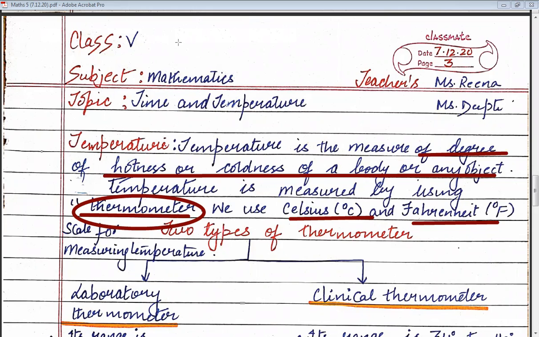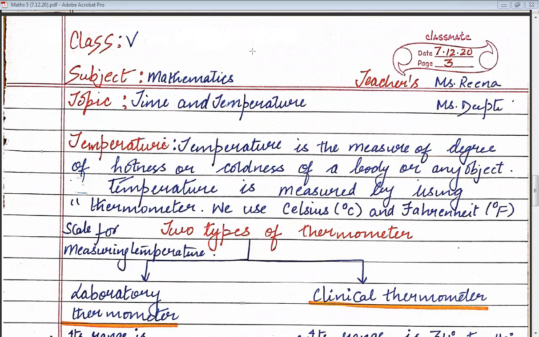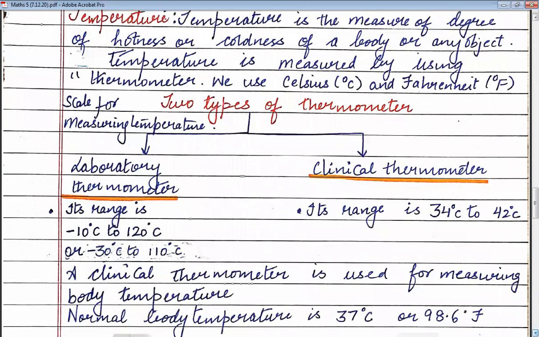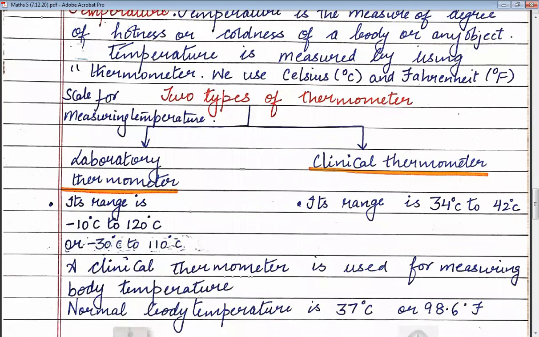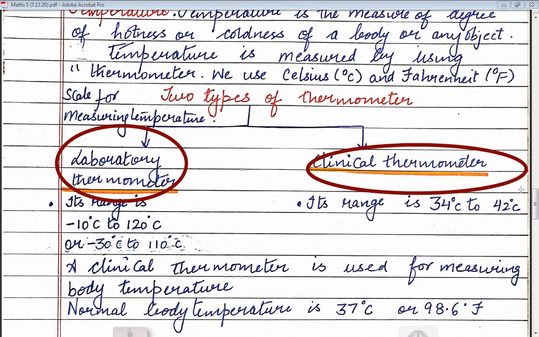Is it clear? Now, children, we have two types of thermometer. The first one is the laboratory thermometer and the second one is the clinical thermometer.